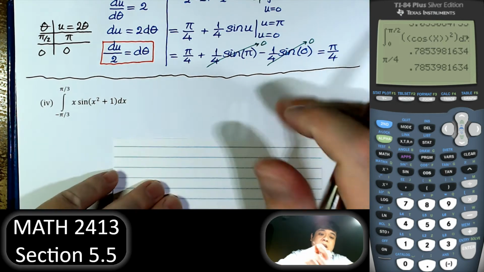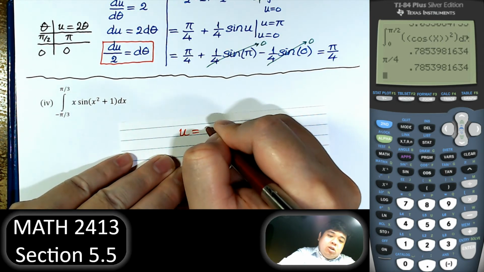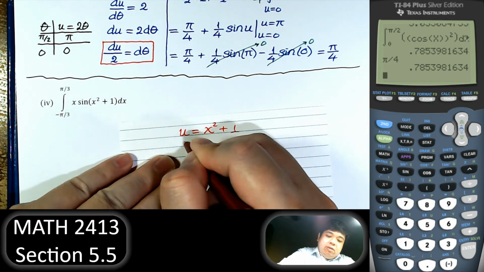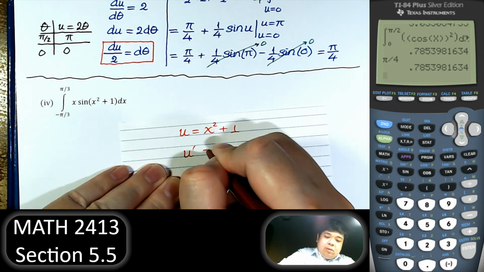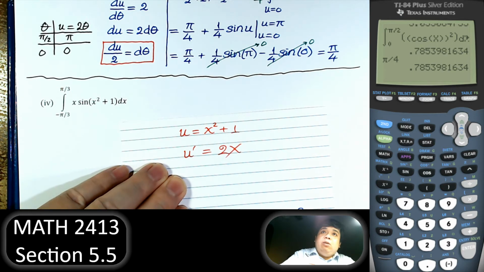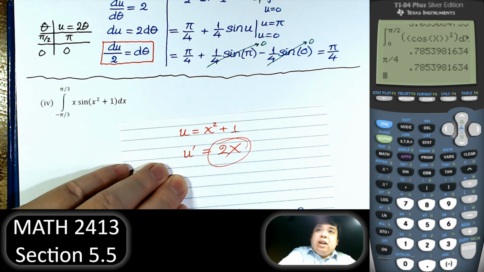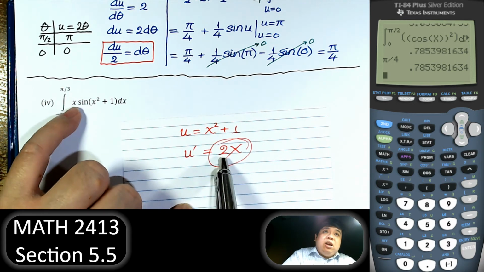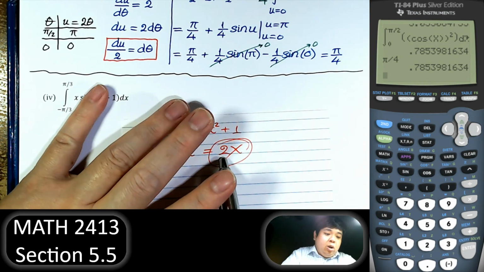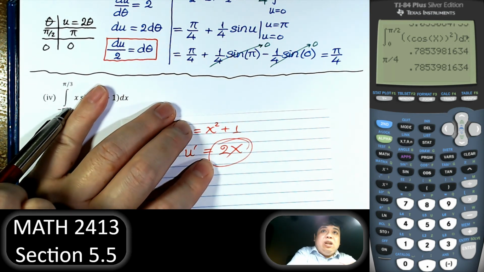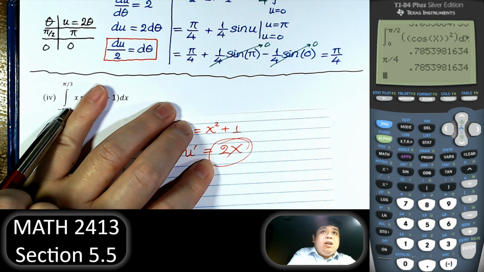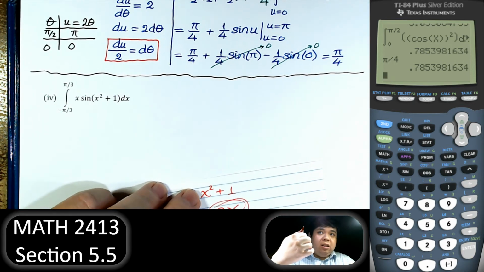By this I mean, if we let u equal to x squared plus 1 and we take the derivative, it is 2x. The derivative has to resemble what's left of the problem, which is x here, so that should cancel with this x. That means the substitution is right.